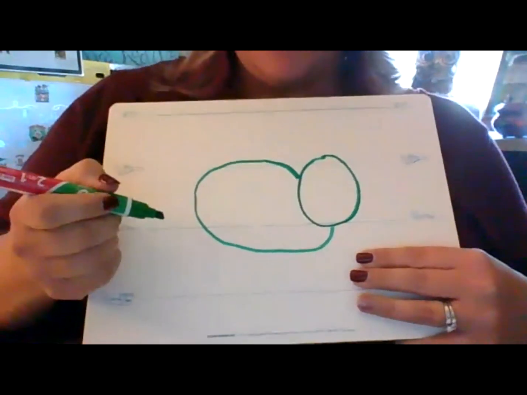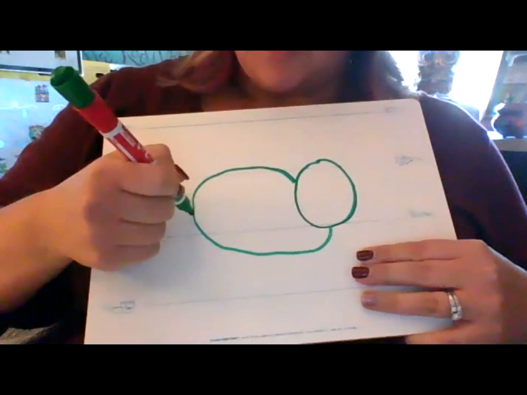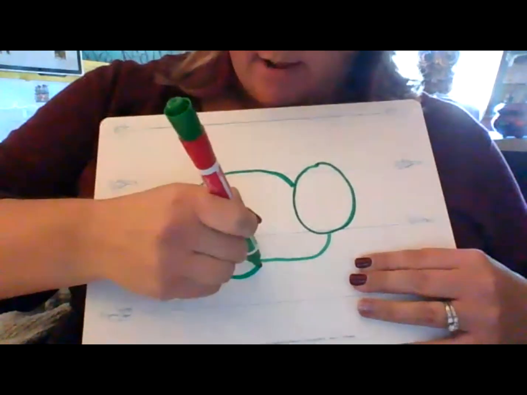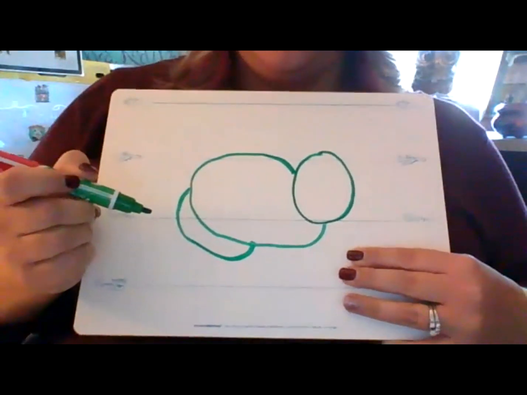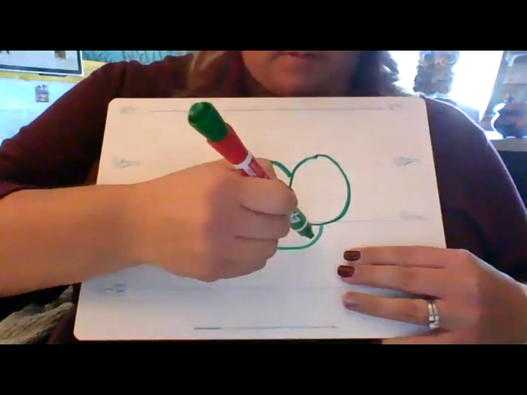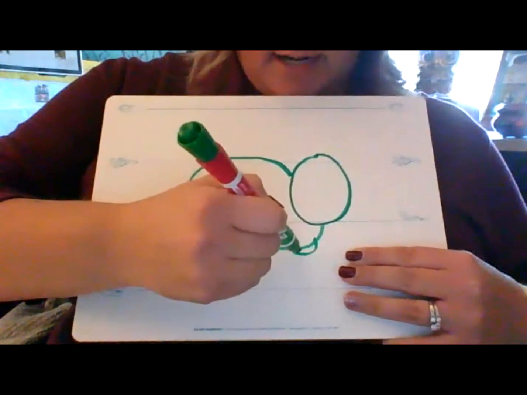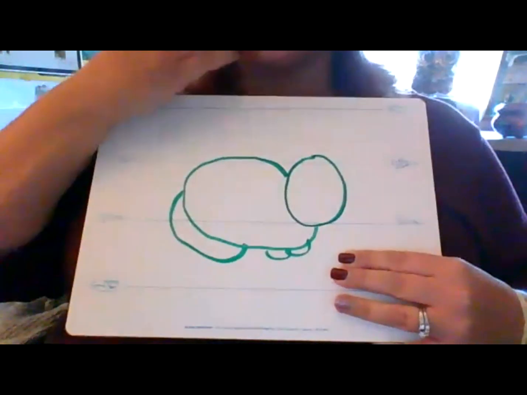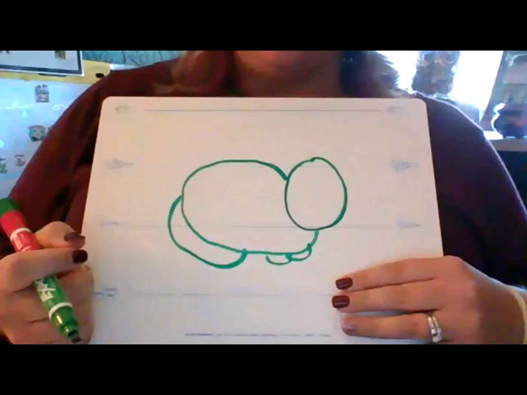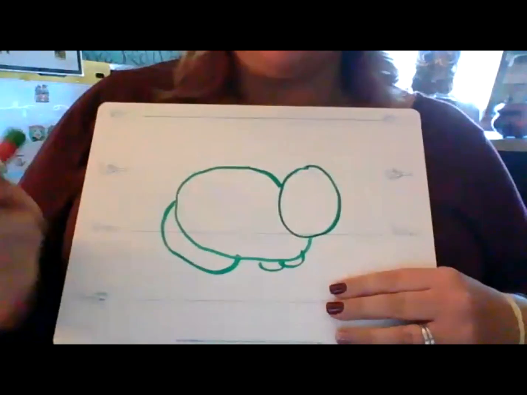Now we need to give our kitty cat a little bit of a tail. So our kitty cat's tail is going to go from on this side and it's going to wrap around. And then I'm going to give two curled up legs right here. Two half circles. Because his other legs are underneath his tail, because I have a fat cat.